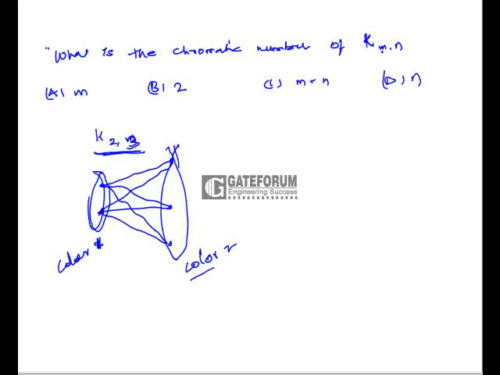So for any bipartite graph, the chromatic number is 2 only. For one set of vertices we assign one color, and for the next set we assign the second color. So here the chromatic number is 2, and the correct option is option B.